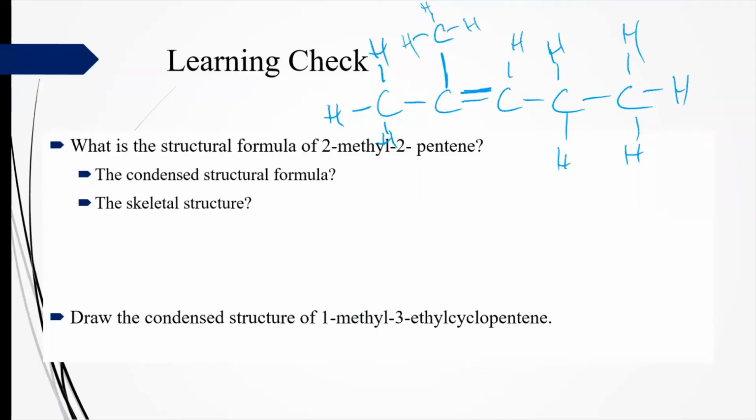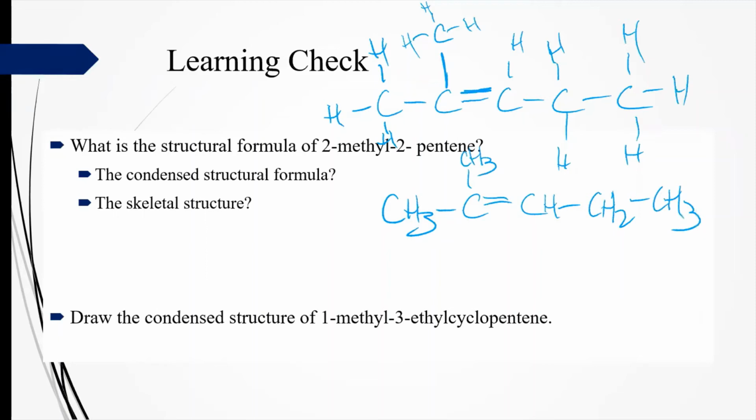So now that we have our expanded structural formula, we're going to do our condensed one. We should have our CH3, and that's connected to another C, and we have a CH3 up here. And that's connected by a double bond to our CH, CH2, CH3. And so we have our condensed structural formula there.